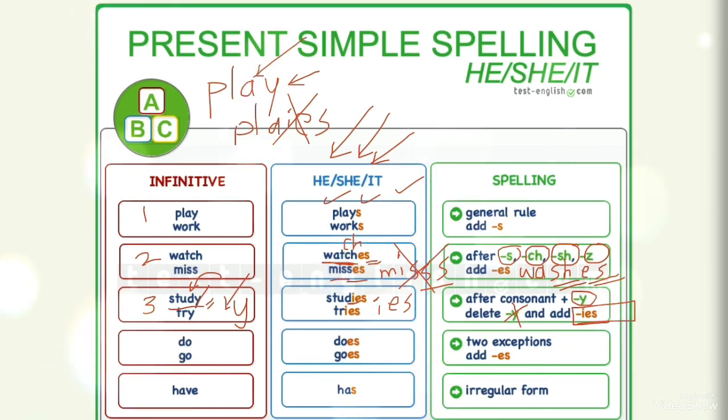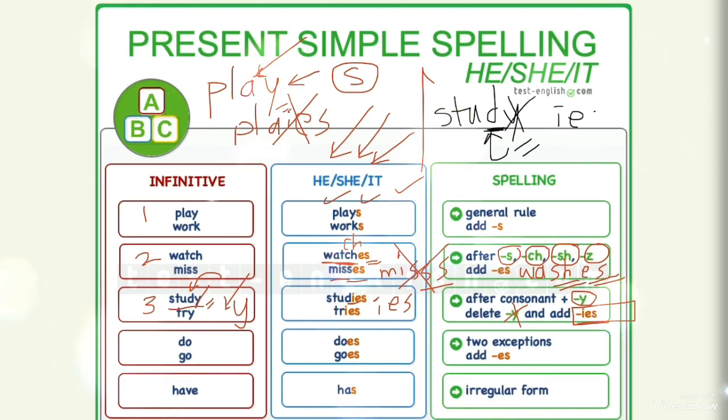If I see Y and before Y a vowel, I will put only S. But if I see here study, I have here Y, and before Y a consonant, letter D, which is a consonant letter. So I will delete Y and I will put IES with he and she and it.